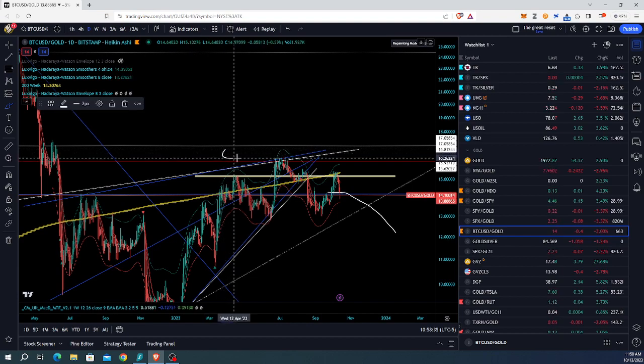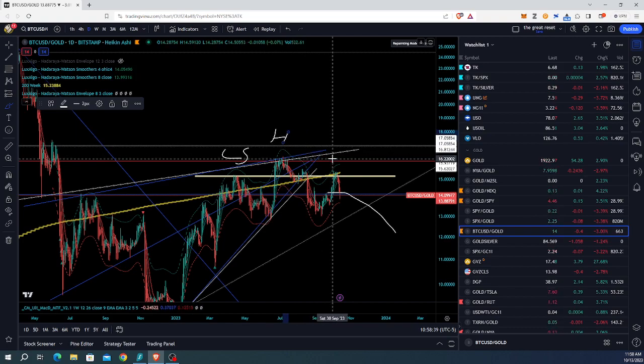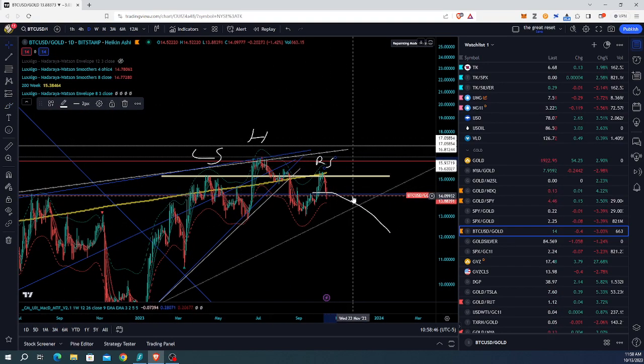We have a left shoulder, a head, and a right shoulder forming a head and shoulders pattern that most likely will play to the downside.